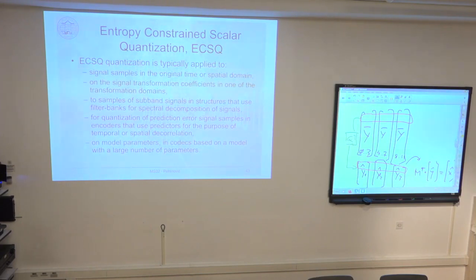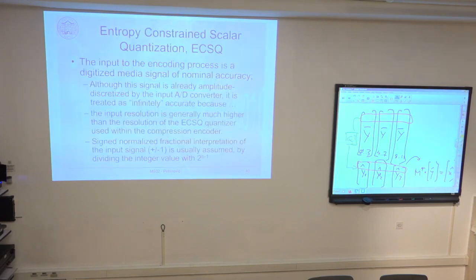Okay. This is a short introduction to your first laboratory exercises regarding the application of this transform coding. Just to show you the idea, the input to the encoding process is a digitized media signal of nominal accuracy.